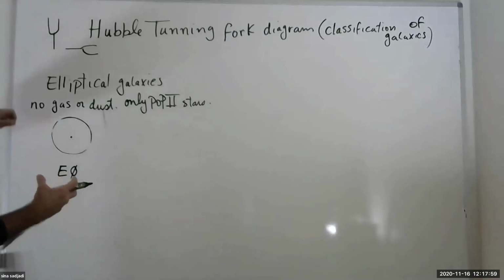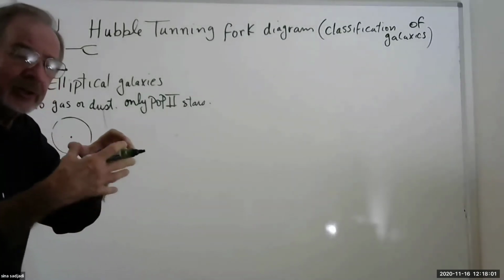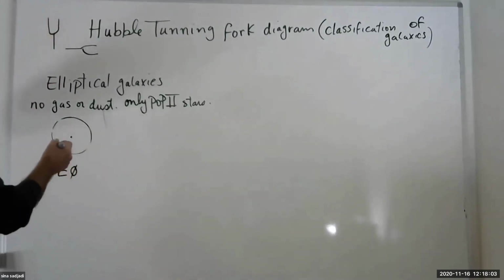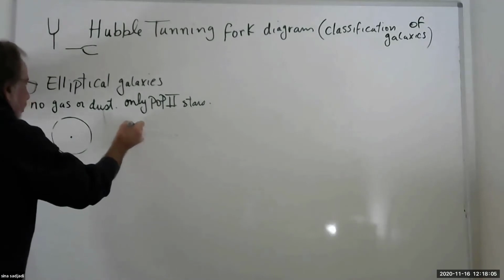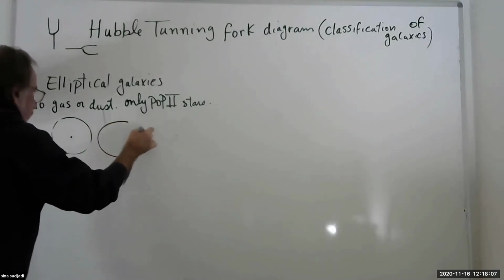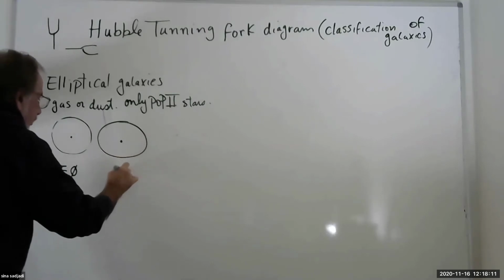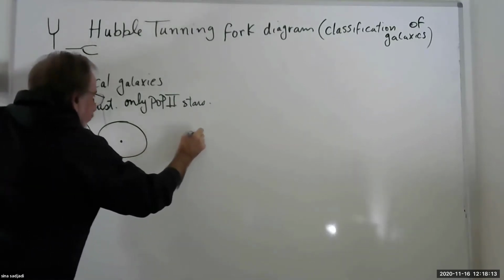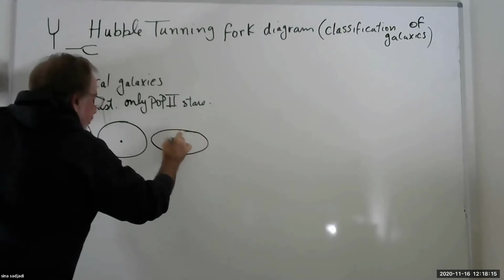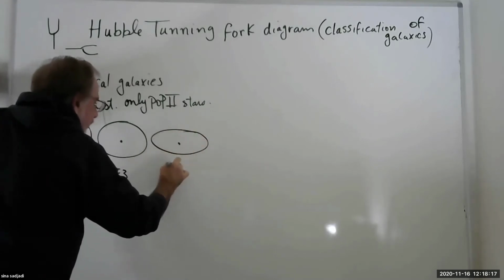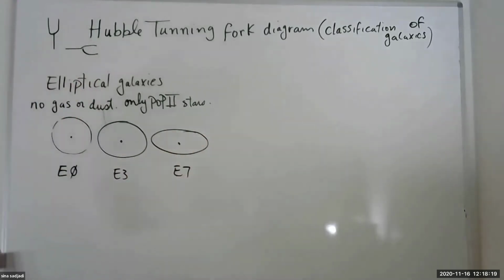So E1 will be a little more like a watermelon. E2, E3, E4, E5. So E3 will look something like this. Then E7 will look more like this. This is the most cigar shape they get. So E0 through E7. E7 is the most elliptical they get.